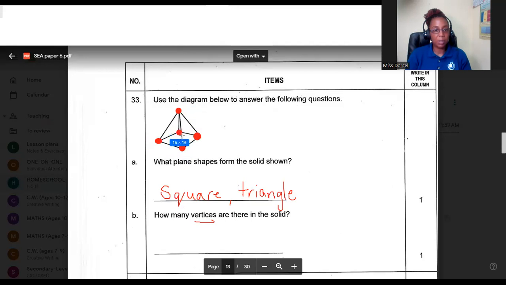There's 1 in the back. Don't forget that one. 5. So there are 5. Sorry about that. There are 5 corners or vertices in this solid.